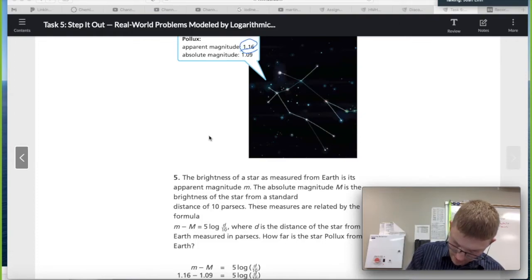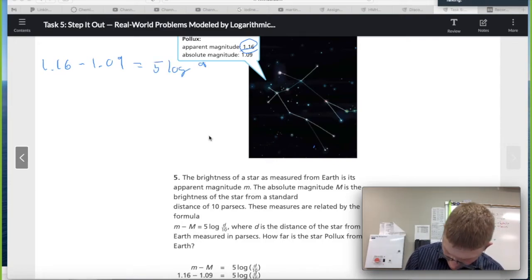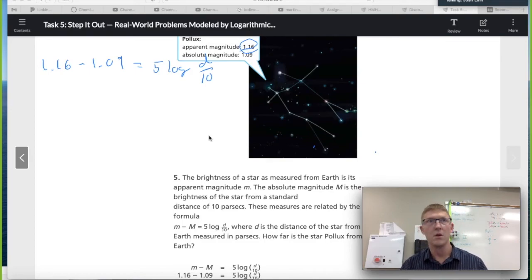So our little m is going to be 1.16 minus 1.09 equals 5 log base 10 of d over 10. Oh, I messed that up, I got to rewrite that. So now we just got to solve that algebraically, right?